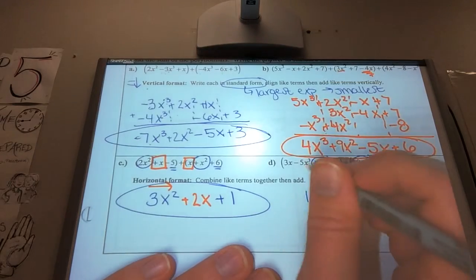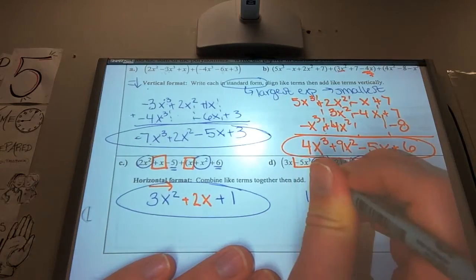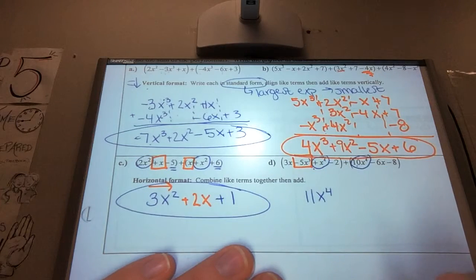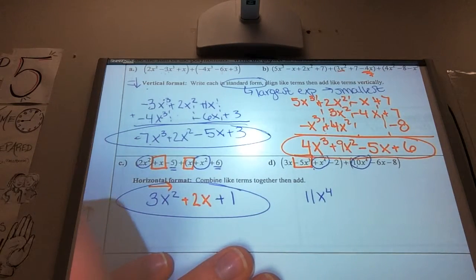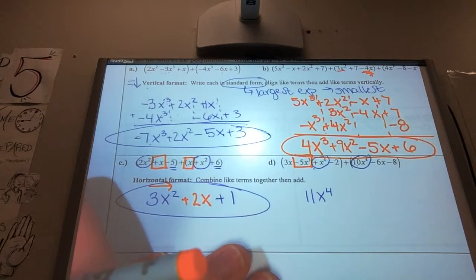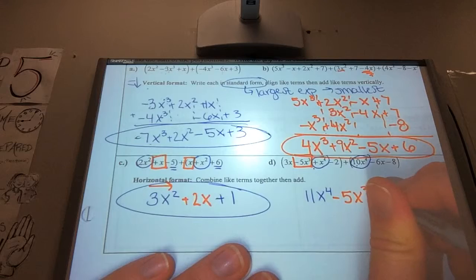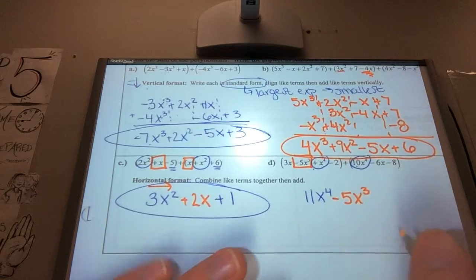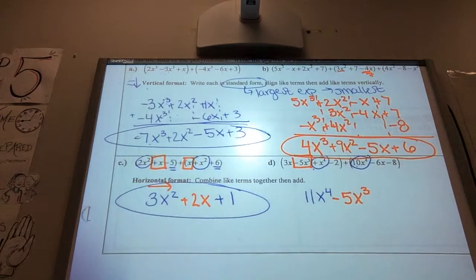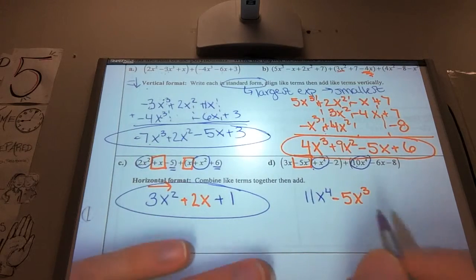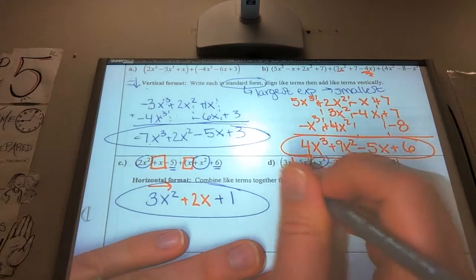Do I have any x cubed terms? And I do. I have -5x cubed. Do I have any other x cubed terms? No. So I can just add that to my answer. Do I have any x squared terms? No. Do I have any x terms?